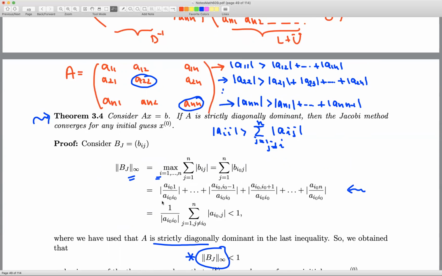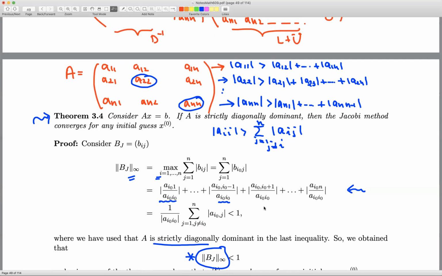And you see here that we can pull out the absolute value of a_{i0,i0} from the bottom. So it is 1 over a_{i0,i0}. And what will be on the top will be the sum of the absolute values of the elements that are away from the main diagonal.